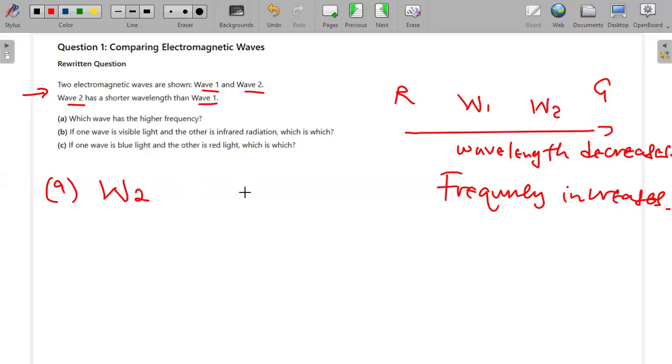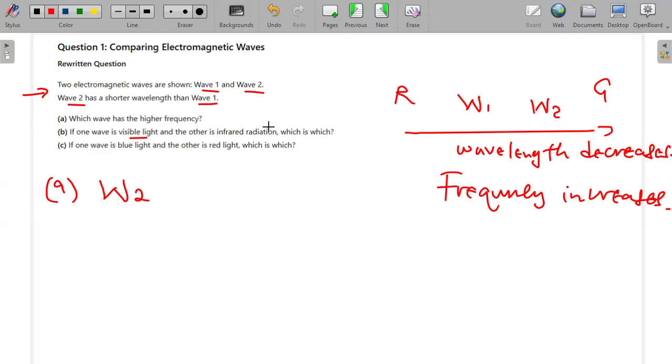Then B, they're saying if one wave is visible light and the other is infrared radiation, which one is which? Between wave one and wave two, which one is visible light and which one is infrared radiation?